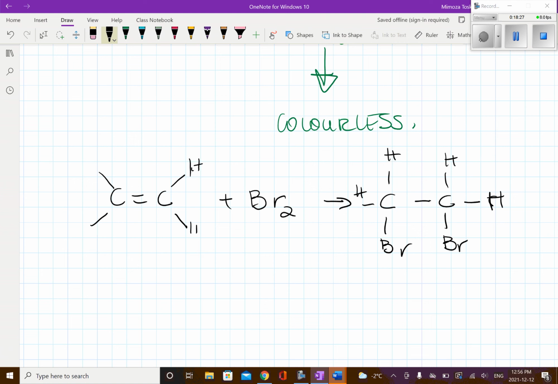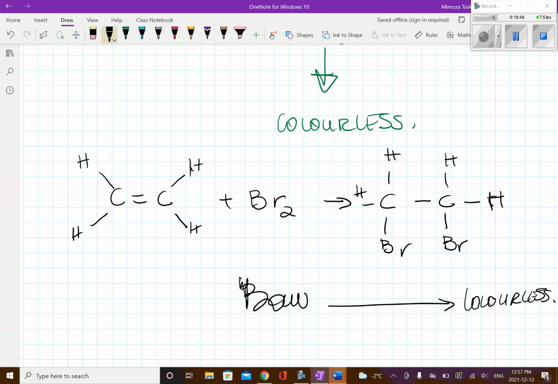The indication that this reaction is happening is that it turns from a brown-yellow kind of color into colorless. If you have a hydrocarbon and you add bromine to it, as soon as it is added to ethene, it will change the color into colorless.